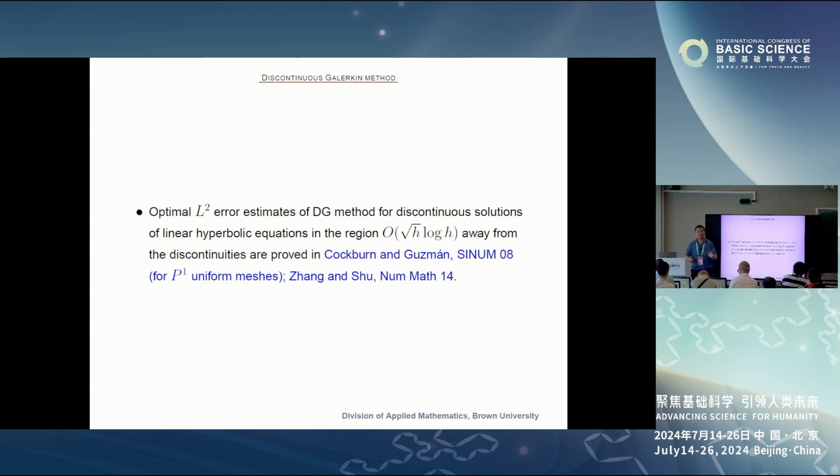So what happens if your solution itself is discontinuous? Then the error estimate is a bit more involved. You would have to estimate at a certain distance away from the discontinuity, and then you would be able to get error estimates. If you include the discontinuity, you may be able to get error estimates in weaker norms, for example negative Sobolev norms.